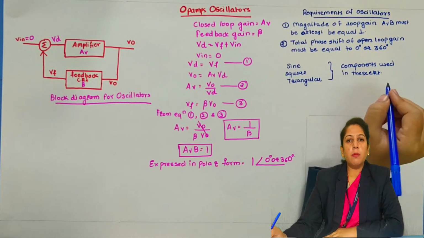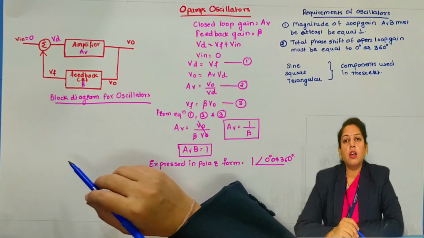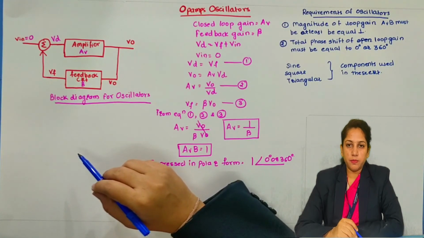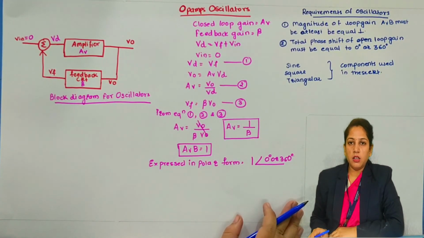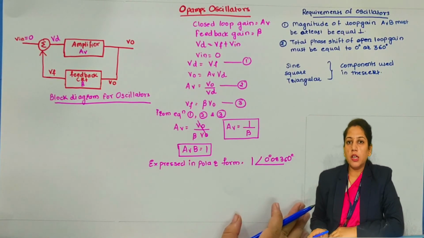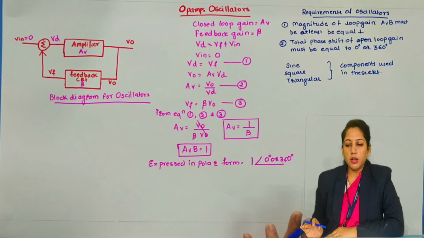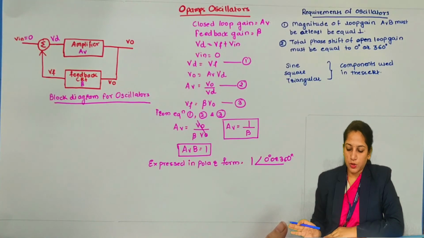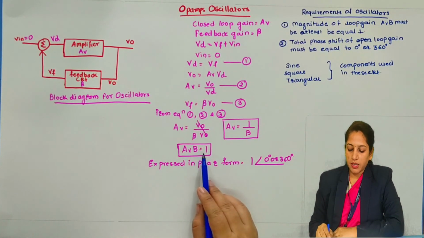Also the frequency depends upon the components used in this feedback amplifier circuit. So these are the two basic requirements for an oscillator to work in a stable form or to produce any type of oscillations. This is also called Barkhausen's criterion, that is AVβ is equal to 1.